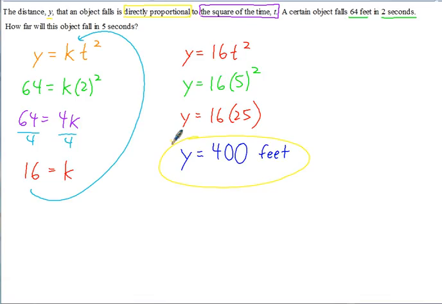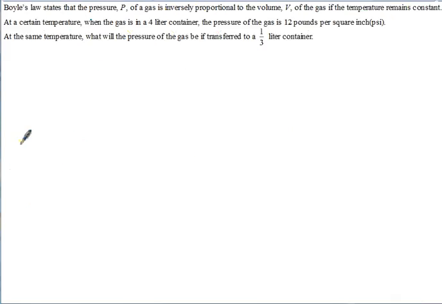All right, let's take a look at the next one here. So this is Boyle's law, which states that the pressure P of a gas is inversely proportional this time to the volume V of the gas if the temperature remains constant. At a certain temperature, when the gas is in a 4-liter container, so let's first write down that equation first.